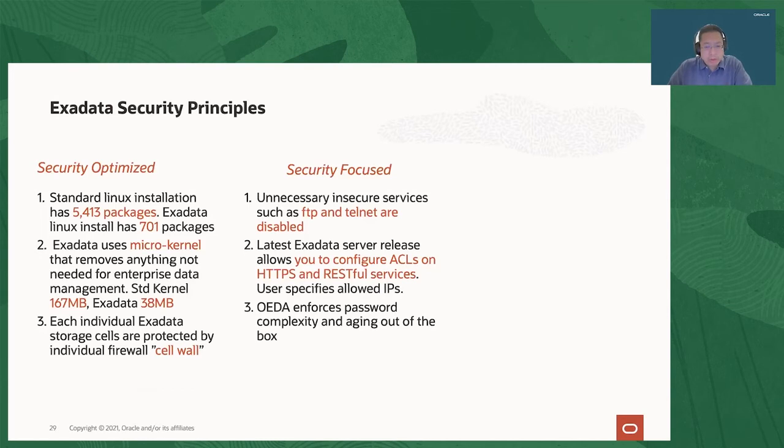So, in fact, it allows you to whitelist, if you will, connections coming into the system based on your IP. And OEDA for Exadata enforces password complexity and aging out of the box. So we make sure that when the system is installed, all the best practices recommended for securing the system are done up front, and that we cover all those in the checklist in OEDA.